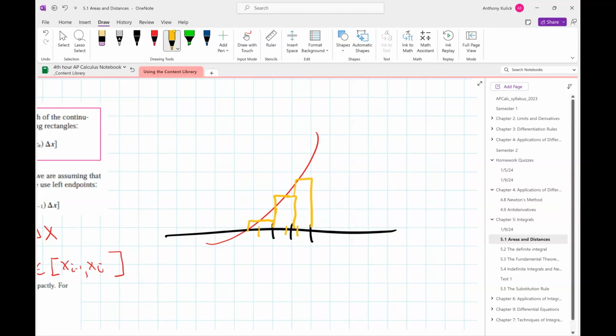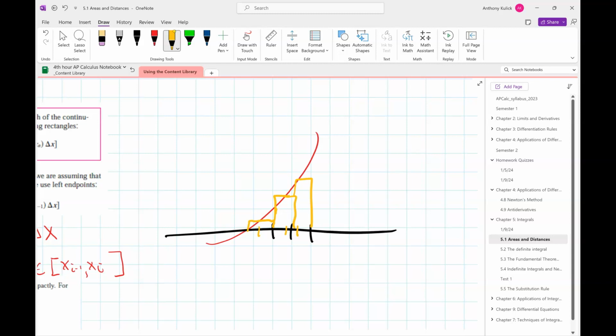It doesn't matter where I pick the x value. It doesn't have to be the start or end of one of these subintervals. It can be something in the middle, and it'll still work. That's all we're saying. Now in practice, you're not going to do that. But we're showing you that because we're taking infinitely many rectangles and these subintervals are getting infinitely thin, the value you pick from the subinterval to find the height of your rectangle doesn't matter.